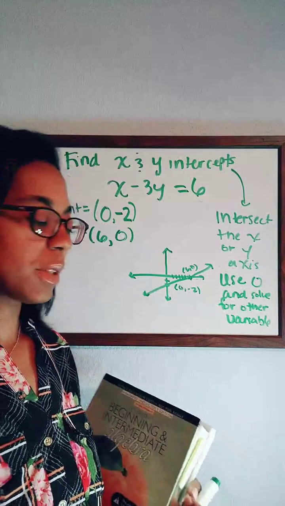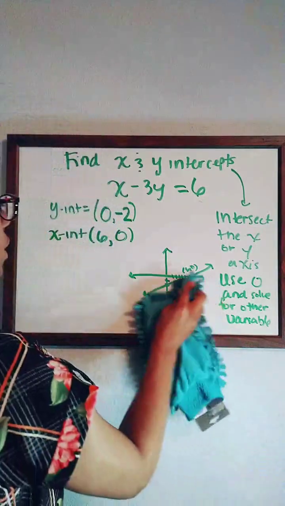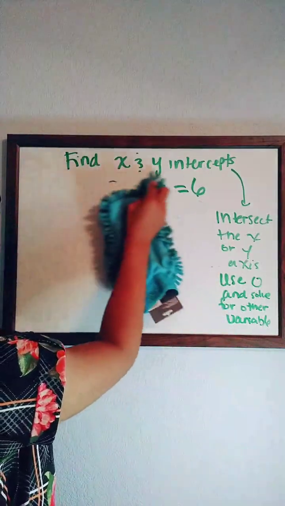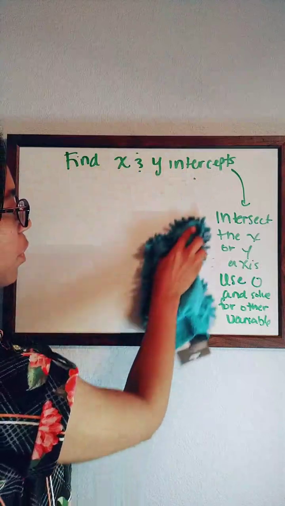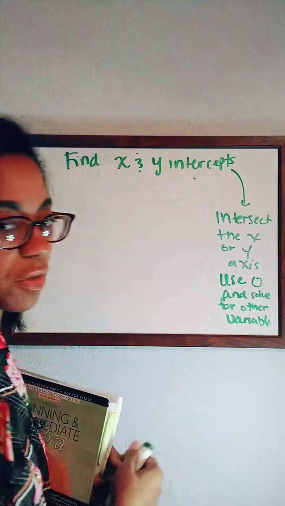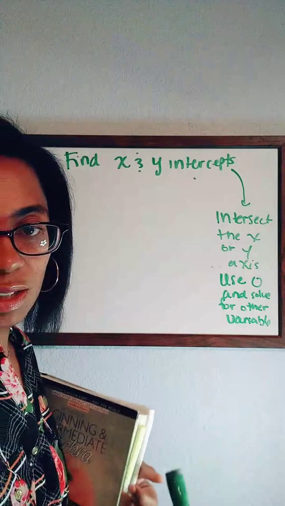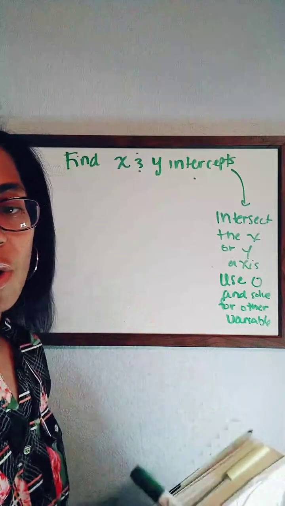Any questions? Yep, let's do another one. So x and y intercept, we're always going to insert 0. We're always going to use 0 to find the other one. Yep, Maribel, we always use 0.